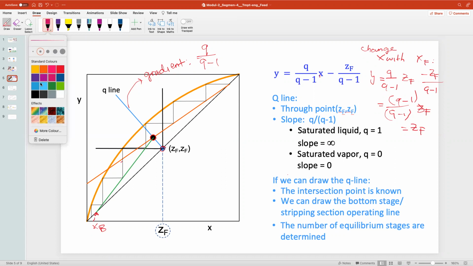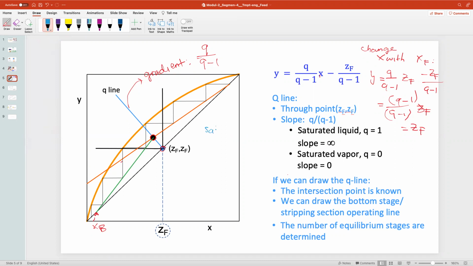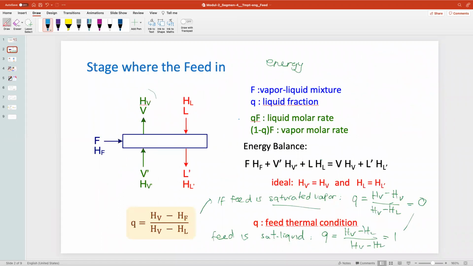Okay, let's try how to calculate the gradient. We need the gradient. Let's say saturated liquid. Check the slope. The slope is Q divided by Q minus 1. So what is the Q for the liquid?